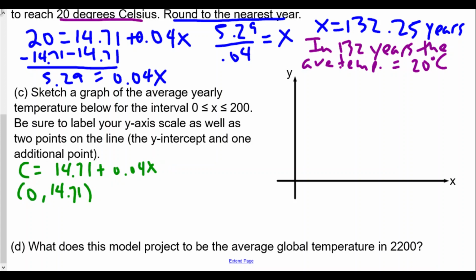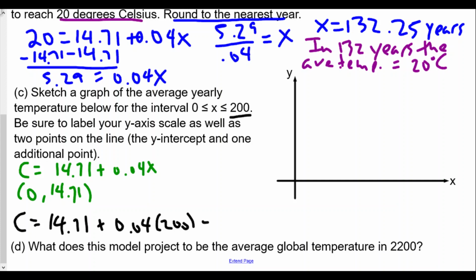And so now we have our first coordinate. We want to find our second coordinate, right? And probably going to use when x equals 200. So that will be helpful for us. So now we're just going to do C is equal to 14.71 plus 0.04 times 200. Well, 0.04 times 200, well, if it was at 100, it was 4, so 200 would be 8.